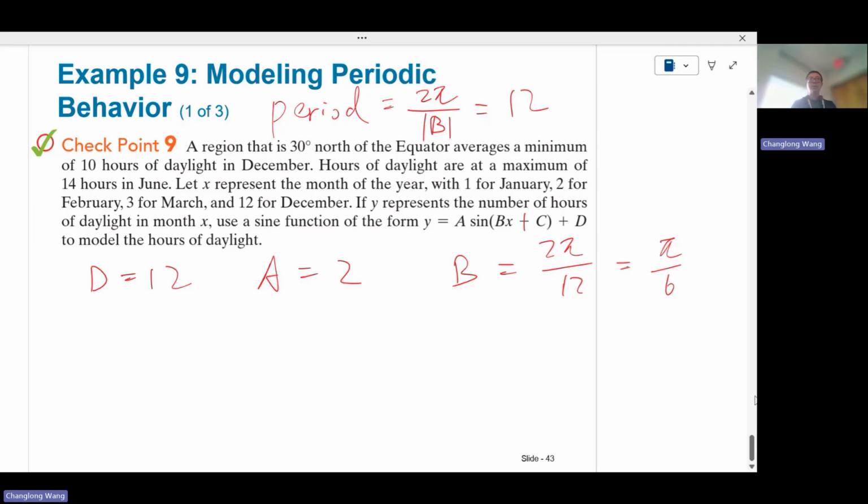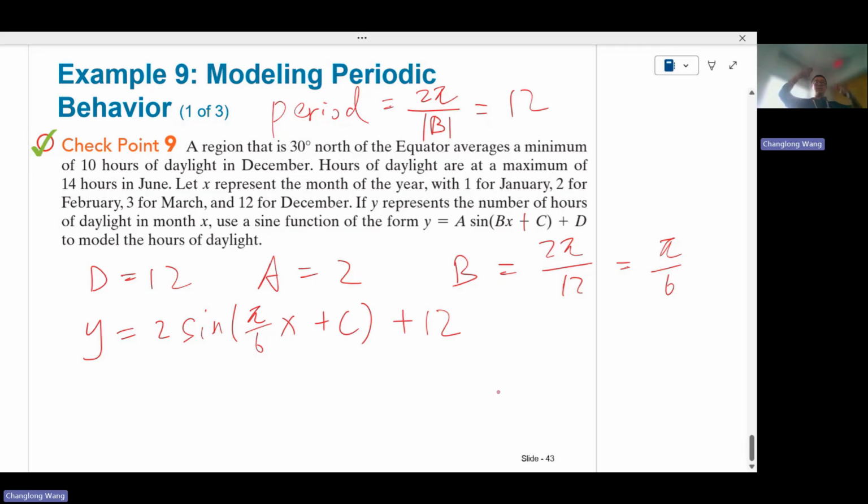Now, let's see. What about the C? So once again, we have achieved almost the model, right? Except for the C. So it looks like we have 2 times sine of pi over 6 times x plus the C, plus the 12, right?